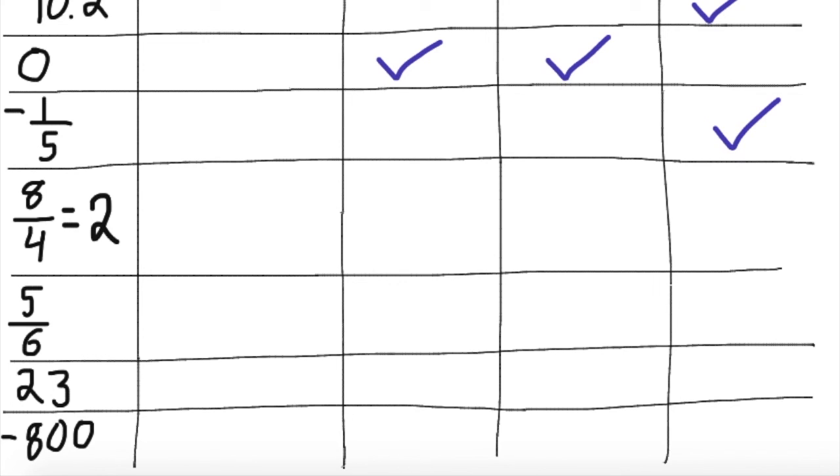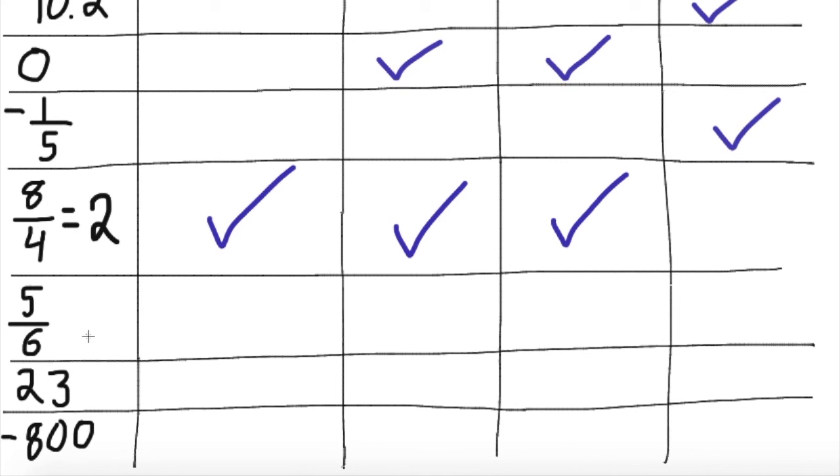If a fraction results in a decimal number, then it is not a natural, whole, or integer. However, 8 over 4 does not result in a decimal number. It results to 2. And 2 is a natural, whole, and integer.